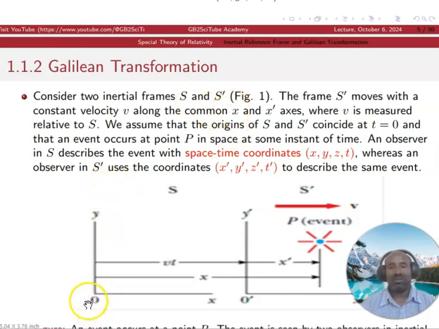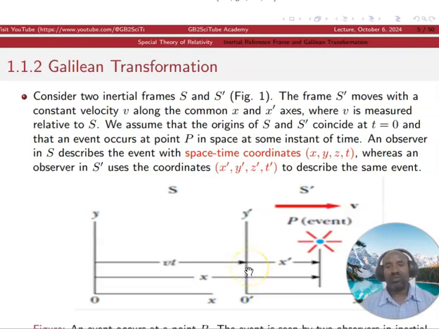S is the one that you see here, and S prime is moving with constant velocity v with respect to the stationary reference frame S. At time t0, both are at the origin, and then after a certain time the moving frame will have moved with velocity v, and when you multiply by the time t, you get the distance from the stationary reference frame to the moving reference frame.